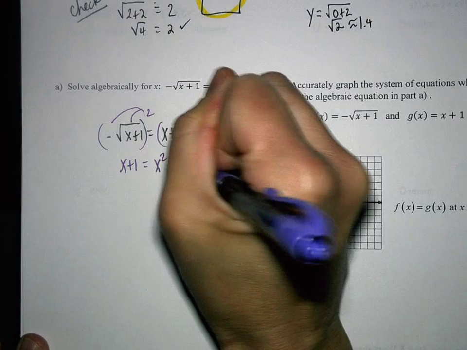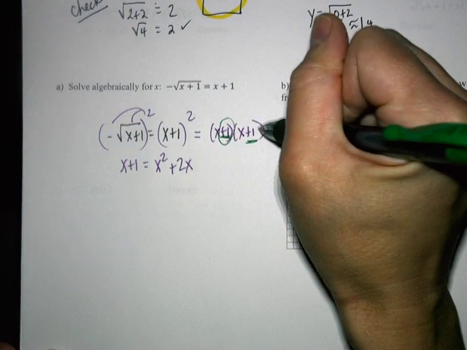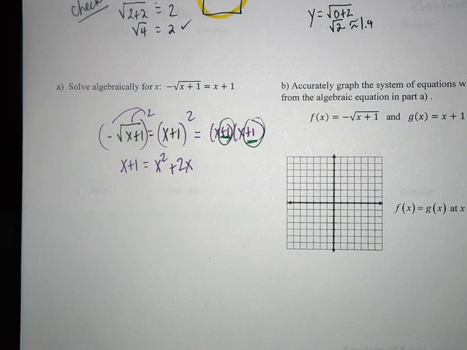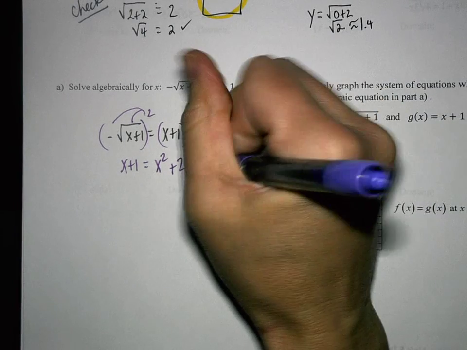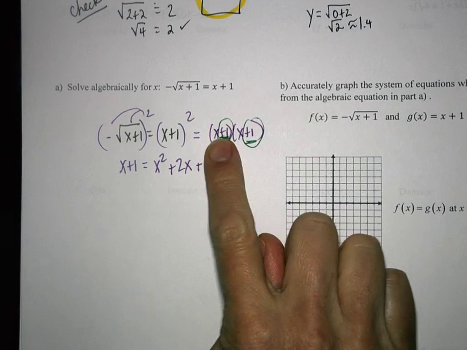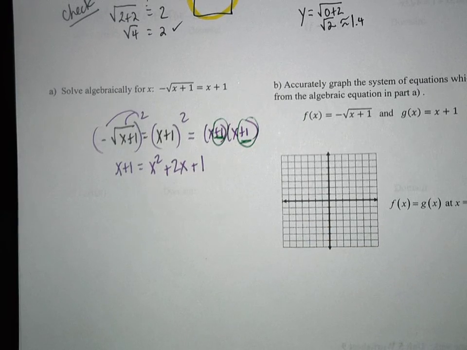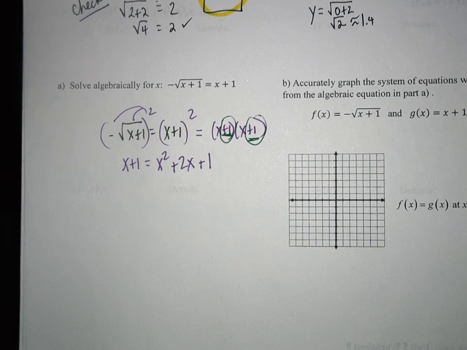So plus 2x. And my last term I know is where I multiply those two numbers together, and 1 times 1 makes 1. That is how I do it in my head. But it only works if the coefficients are 1, in front of the x's if they're 1s. Or you can distribute and find the same answer.